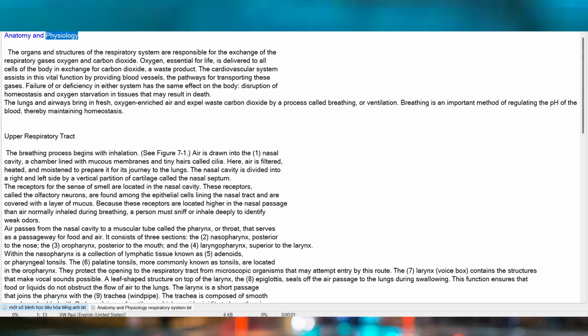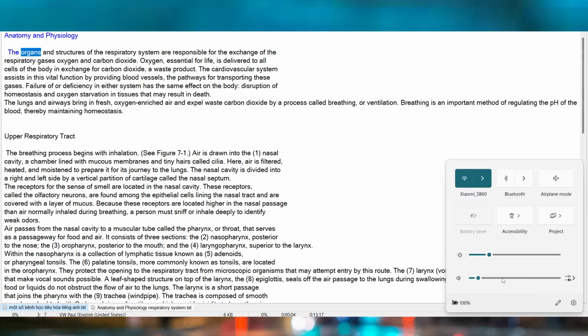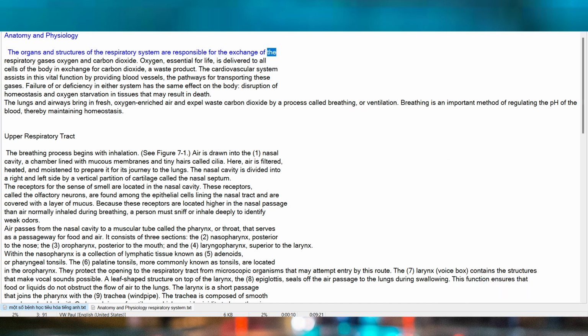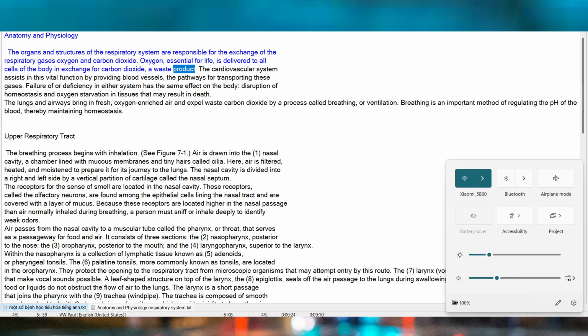Anatomy and physiology. The organs and structures of the respiratory system are responsible for the exchange of the respiratory gases oxygen and carbon dioxide. Oxygen, essential for life, is delivered to all cells of the body in exchange for carbon dioxide, a waste product.